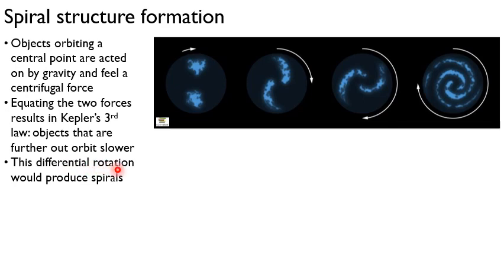It's not fixed. So for example, let's say we have these two clumps of gas here for simplicity, and there's a general rotation in the clockwise direction. The stuff that's closer in is going to orbit faster than the stuff that's further out, from Kepler's third law.